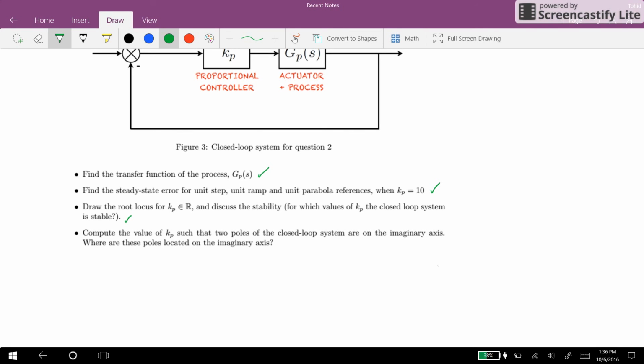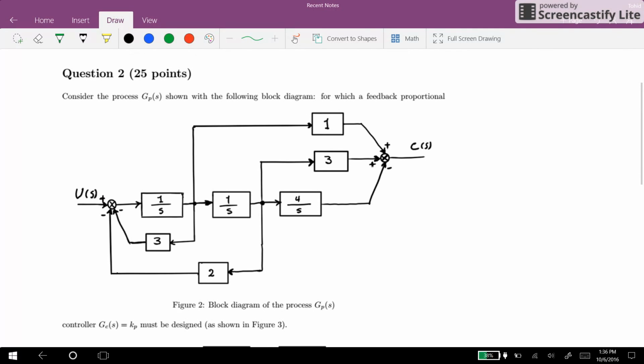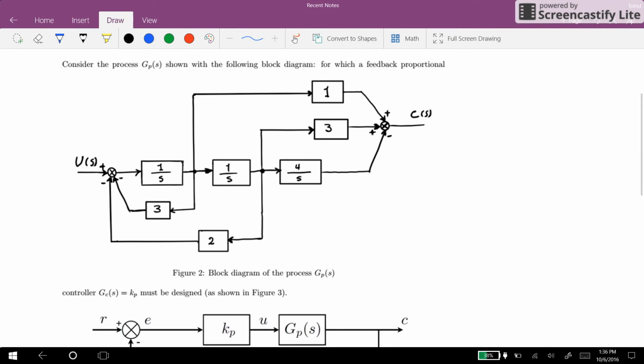So let's start with the first point. We want to find the transfer function of the process. We have here the block diagram of the system. As we can see here, the two blocks that we have here, the 3 and 4 over S, are in parallel with each other.